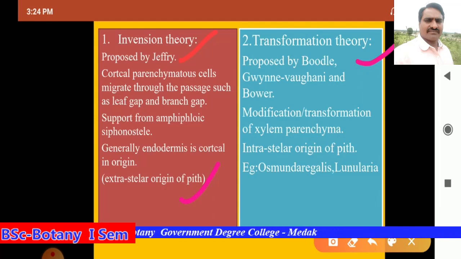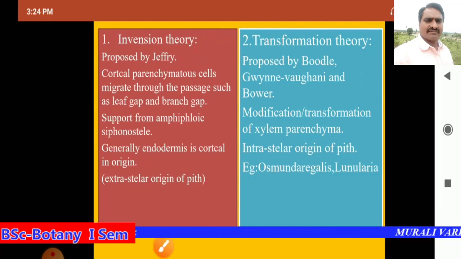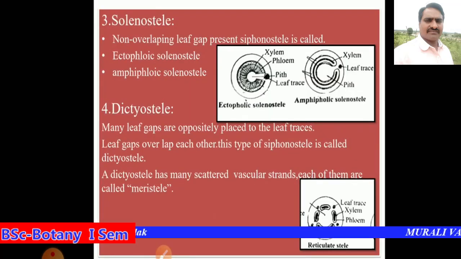These are the theories explained by Jeffrey and Boodle, Gwynne-Vaughan and Bower. One is invention theory, second one is transformation theory. Next one is the third type of stele in Pteridophyta, that is solenostele.